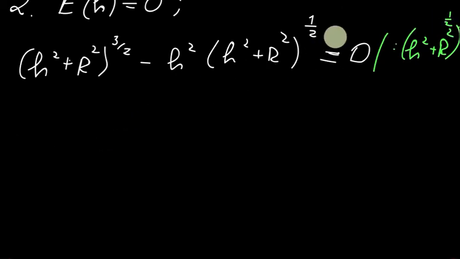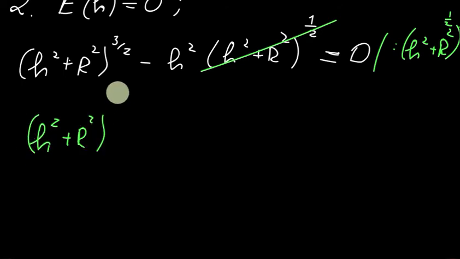Once we do that, this cancels out, and this becomes simply h squared plus r squared to the power of 3 divided by 2 minus 1/2, which I rewrote, and it is equal to 0.